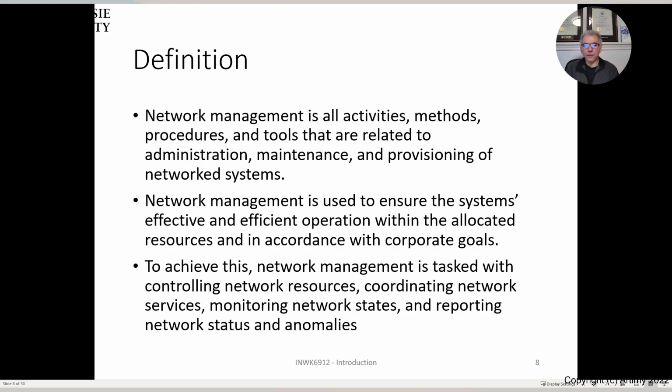Another part of the definition is that network management is used to ensure the system's effective and efficient operation within the allocated resources and in accordance with corporate goals. This sentence tells me that network management has everything to do with not just running the network, but also running the network effectively and efficiently.